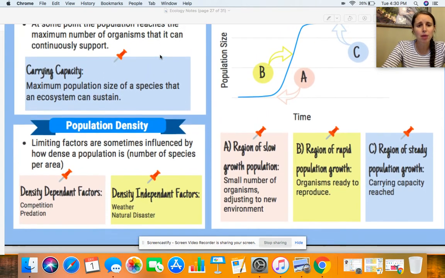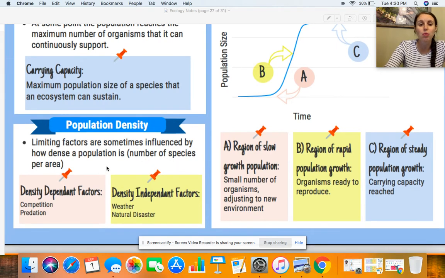Let's talk quickly about population density. So, limiting factors are sometimes influenced by how dense a population is. What the word dense means is the number of individuals in an area. So, some factors that are density dependent are like competition and predation. So, for example, picture a rabbit population that's very, very concentrated, very dense.